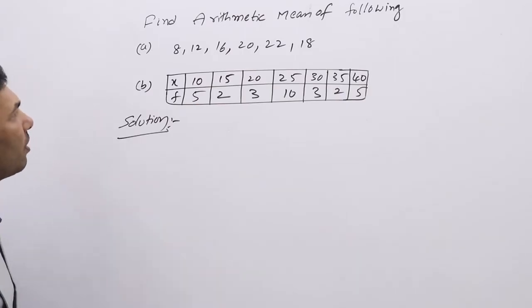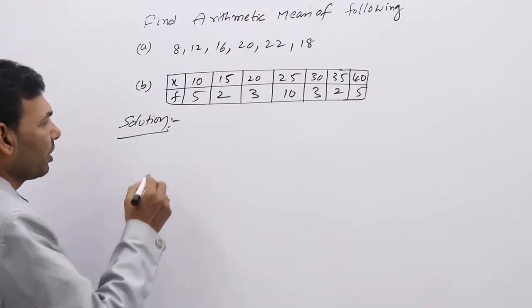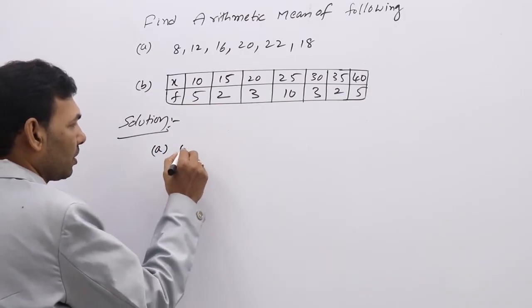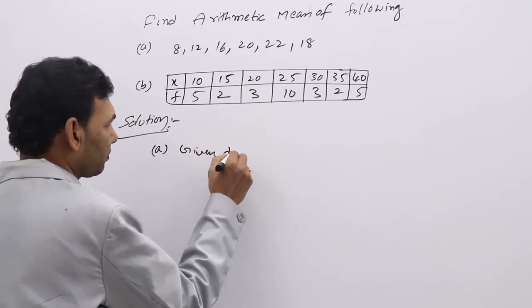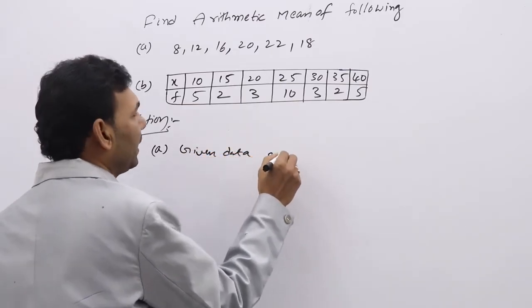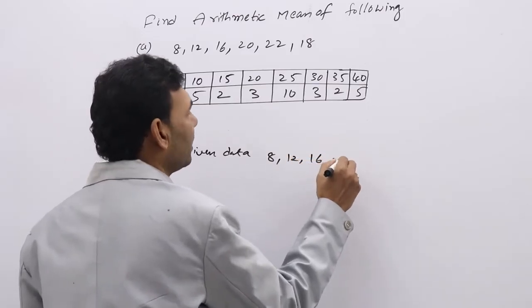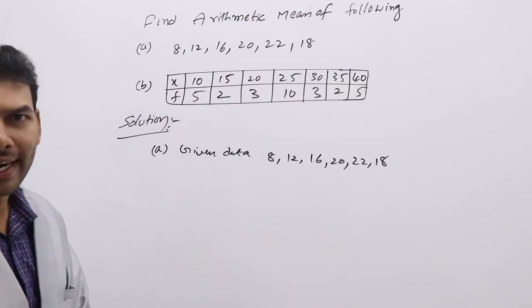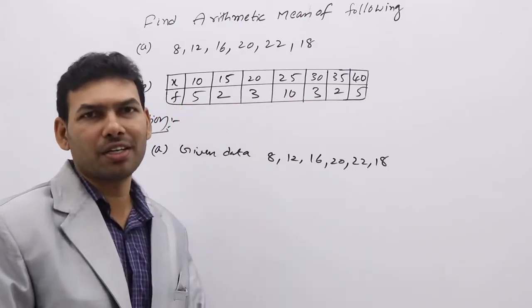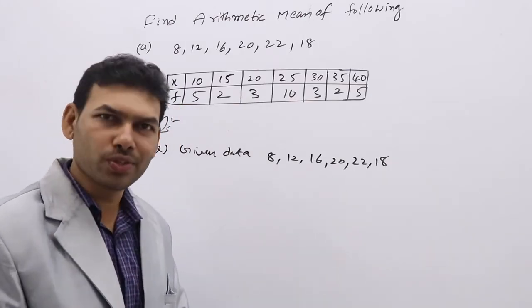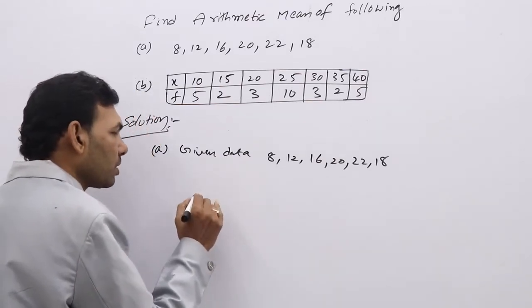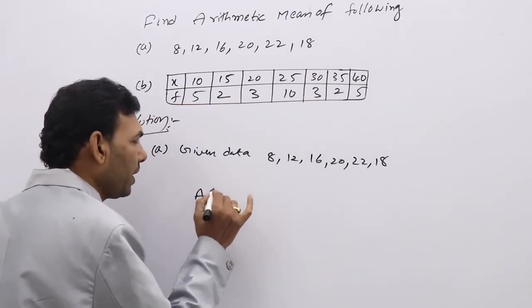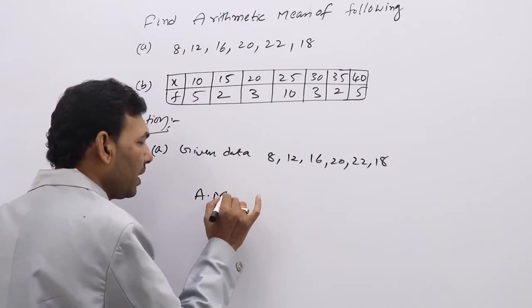Find the arithmetic mean of the following; two bits are there. Coming to the first bit, the given data is 8, 12, 16, 20, 22, 18. When raw, ungrouped data is given, simply some series of values, we use the formula for arithmetic mean, simply AM.